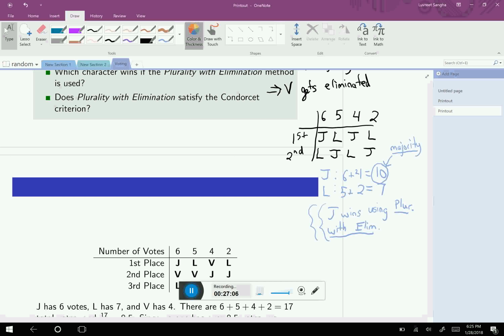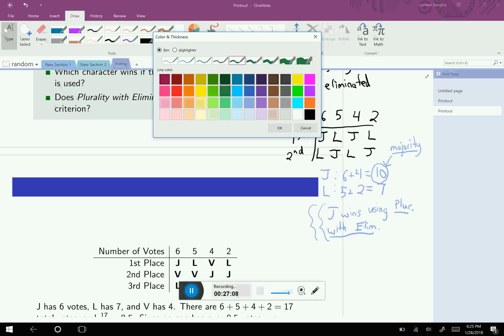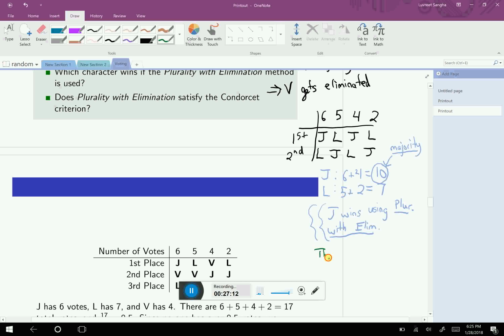Okay, so let me switch to another color. So this shows that plurality with elimination violates the Condorcet criterion.